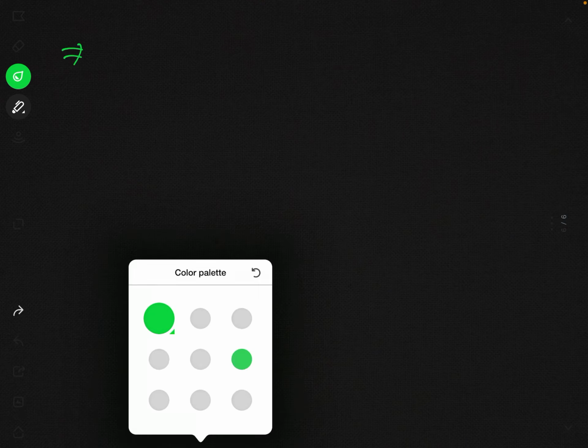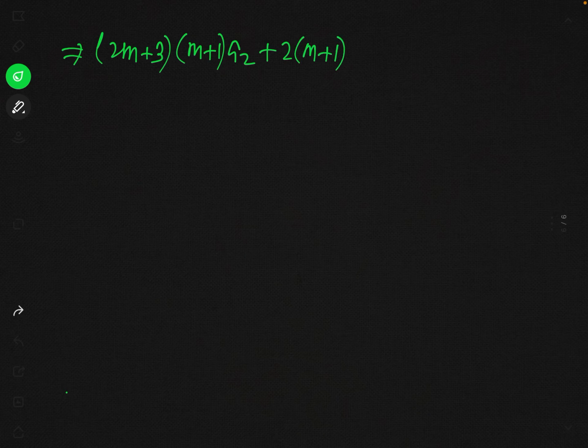You can see this will be 2m plus 3 into m plus 1 into a2, and plus 2 into m plus 1 into a1, and this will be equal to 0.